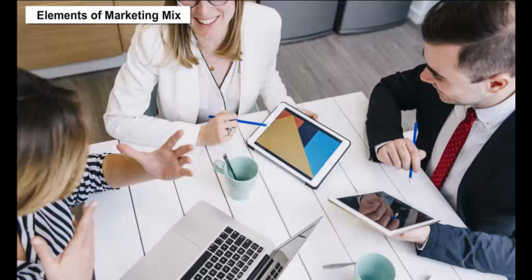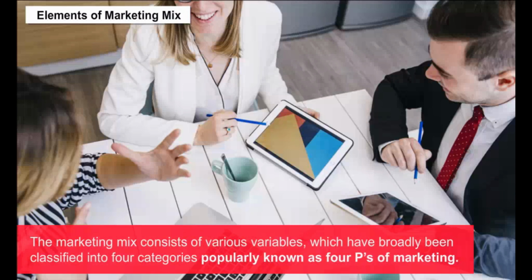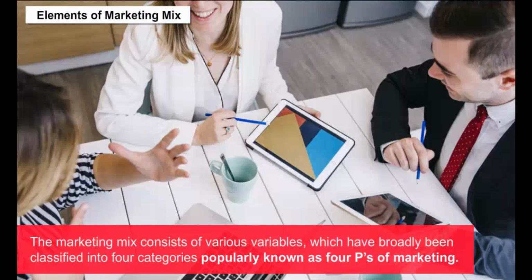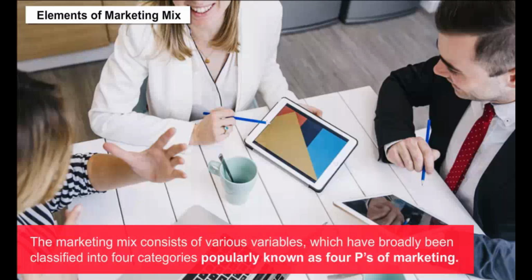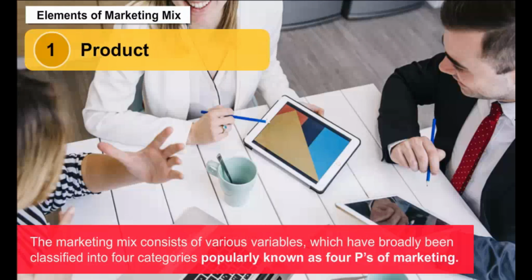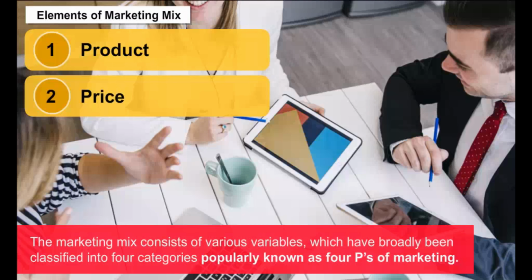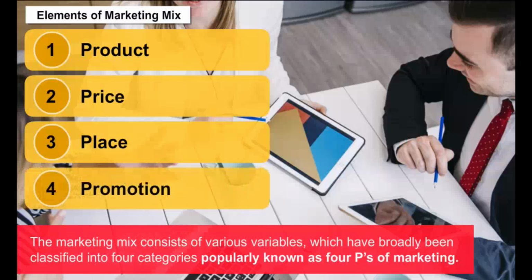Elements of marketing mix. The marketing mix consists of various variables which have been broadly classified into 4 categories, popularly known as the 4 P's of marketing. These are 1. Product, 2. Price, 3. Place, and 4.